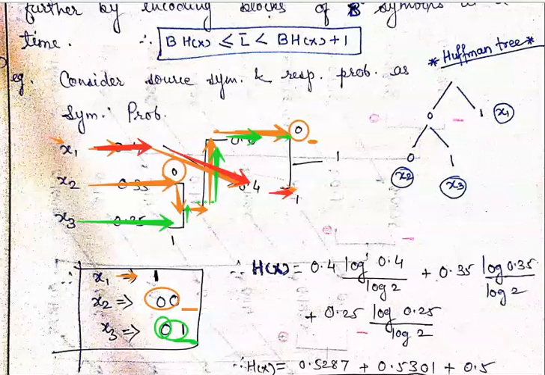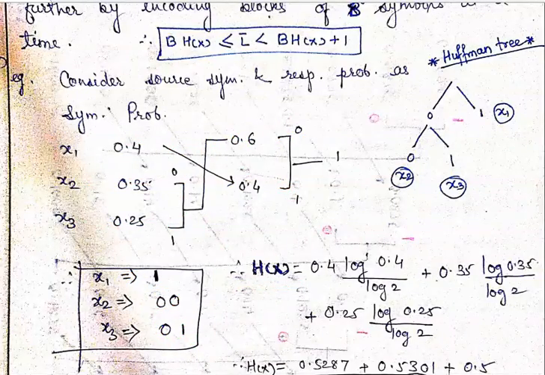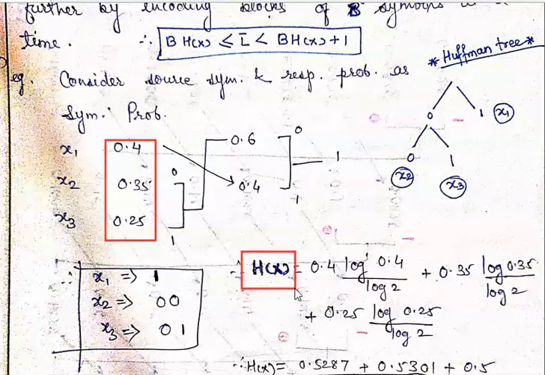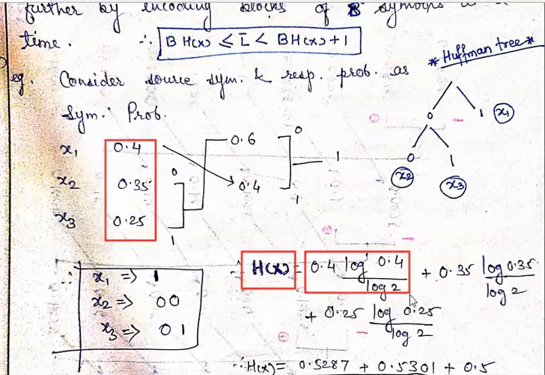Now once you have all these entries, the task is much simpler to understand. This is the H(X) which we need to calculate here. It will be with the help of the given probabilities itself. So these are the probabilities. With the help of these probabilities, one can calculate H(X). So 0.4 log 0.4 divided by 2 log 2 is the first calculation.